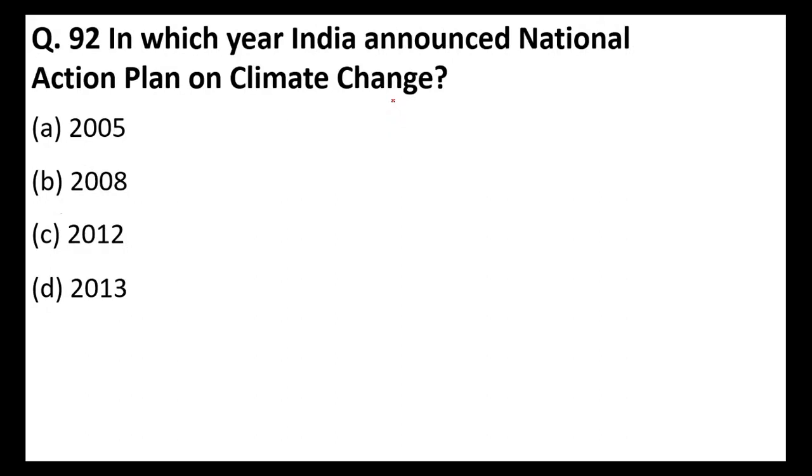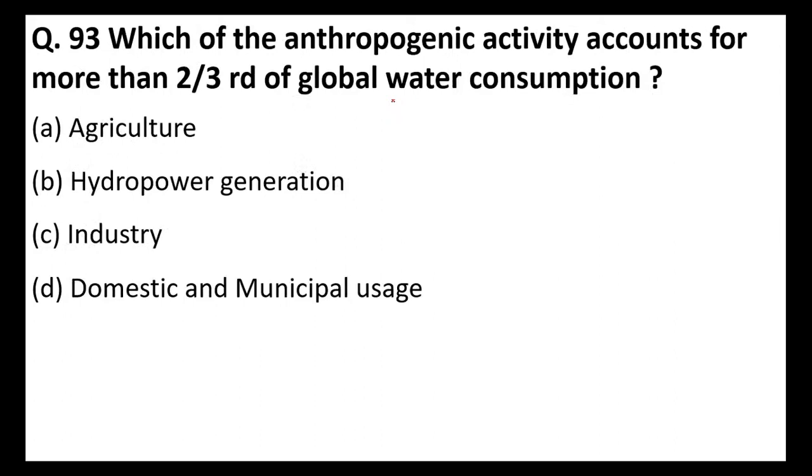In which year India announced National Action Plan on Climate Change? 2005, 2008, 2012, or 2013? The right answer is option B, 2008. Which of the following anthropogenic activities account for more than two-thirds of world's global water consumption?